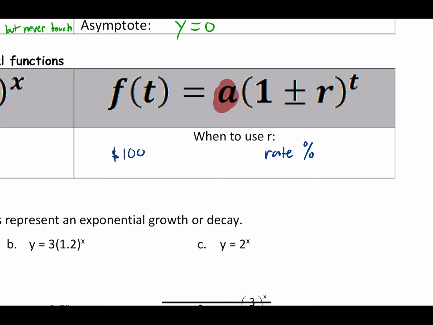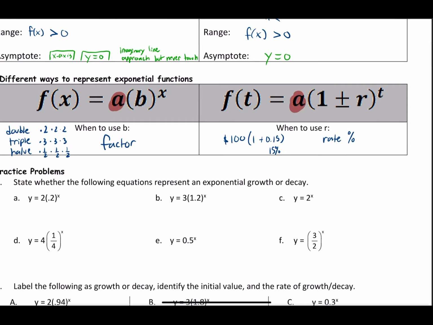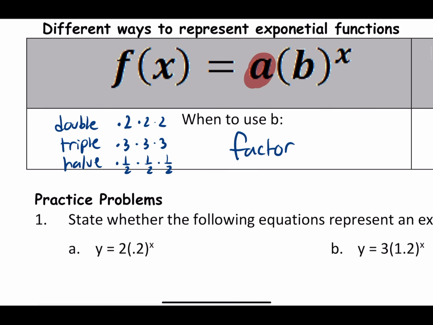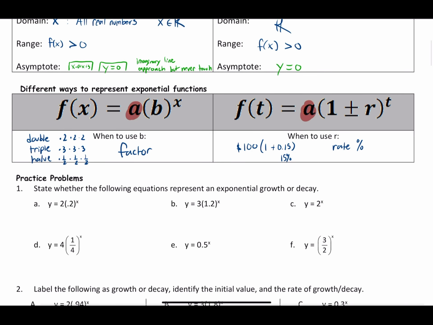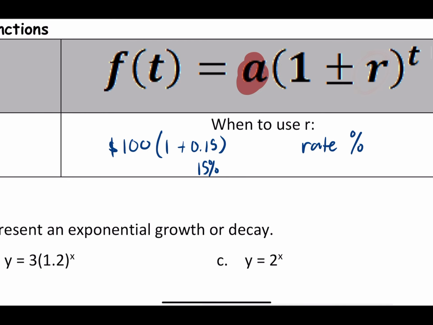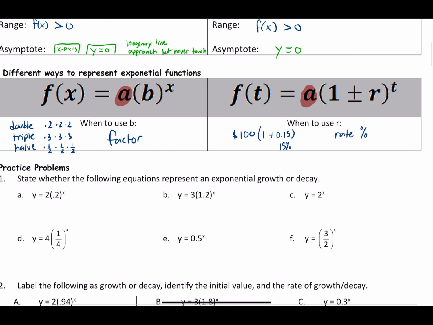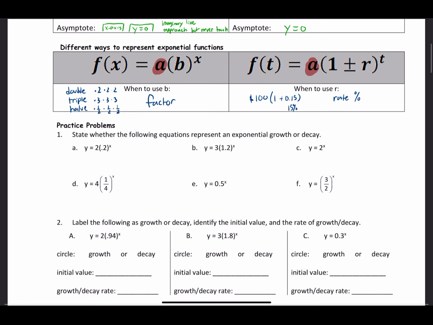And then every year after, you get 100% of what you put in, plus maybe 15% return. So that would be 0.15. Whenever I say a percentage of growth, not double, not triple, not half, not these whole-looking numbers, when it's a percentage, we use R, the growth rate. So that's the difference between using B, a growth or decay factor, versus a growth or decay rate. And we'll see more of that later.